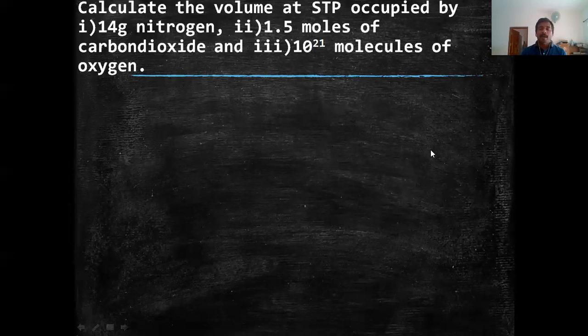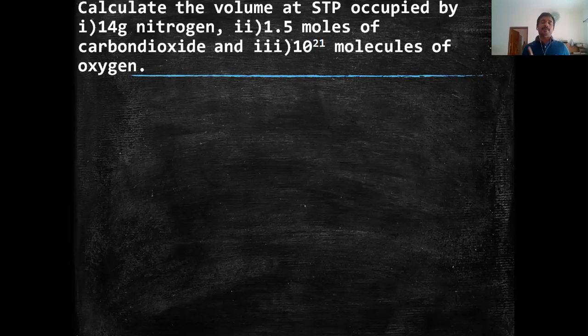So here you are asked to calculate the volume occupied at STP. That you have to find out. You know the volume of 1 mole of gas at STP is 22.4 liters.